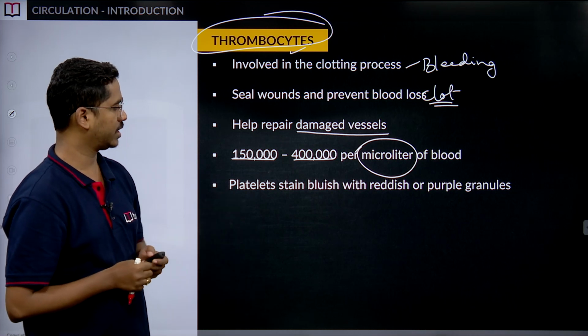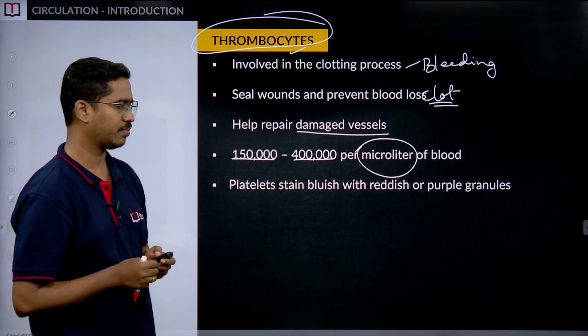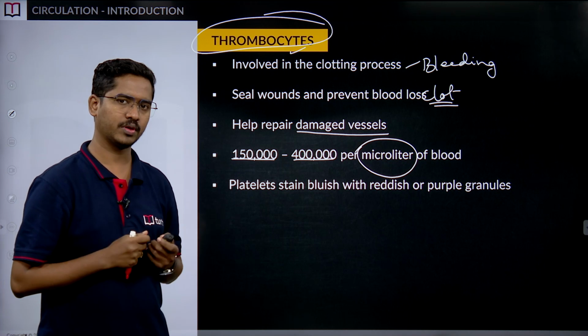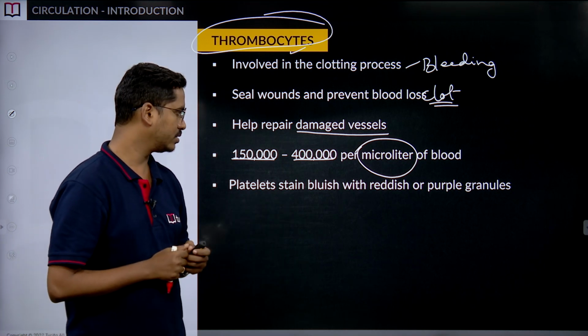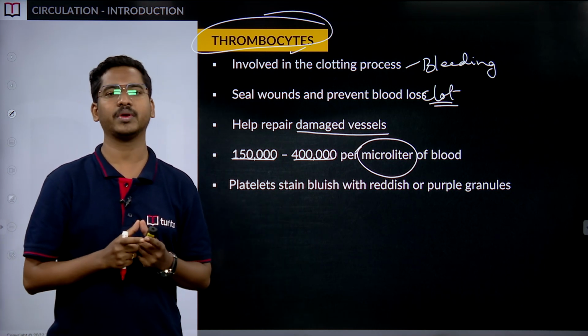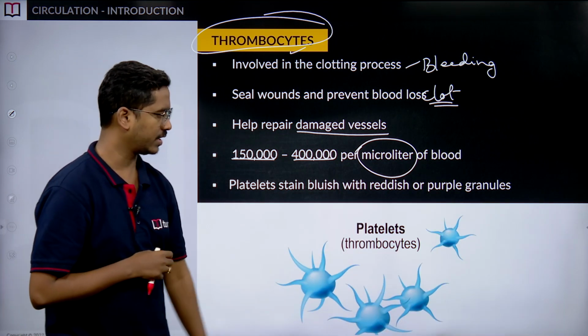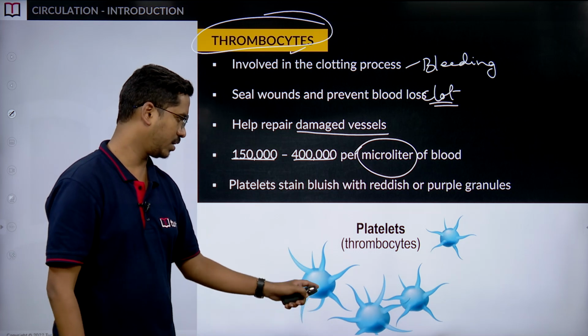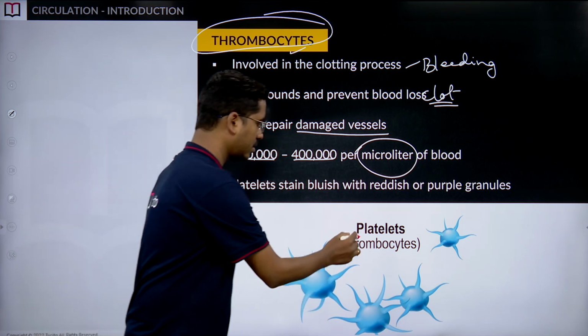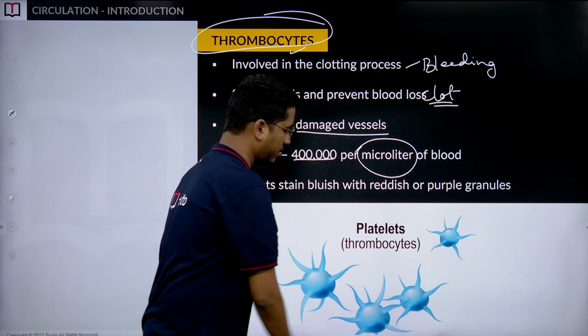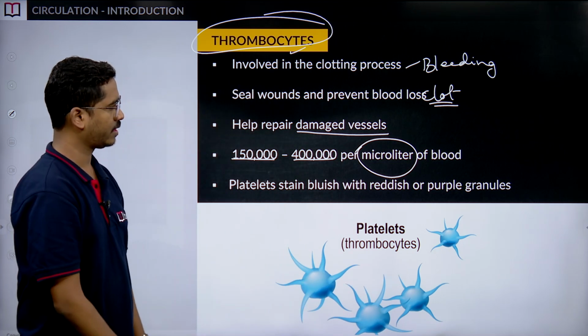Platelets stain bluish with reddish or purple granules. If you wish to observe them, the stain gives them a bluish appearance, and they look like this. Platelets have the appearance like this, and their name is thrombocytes. Hope you understood this session.